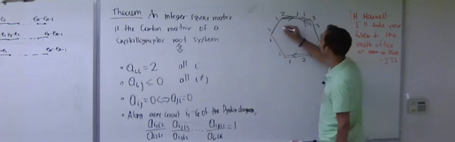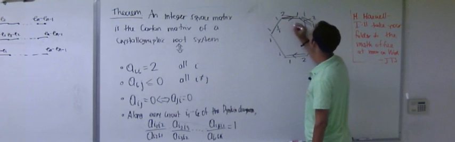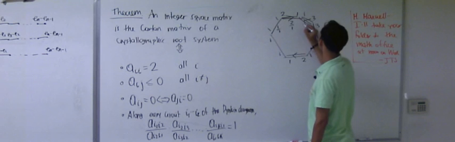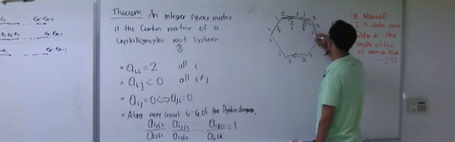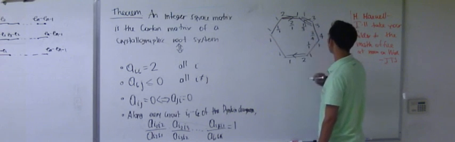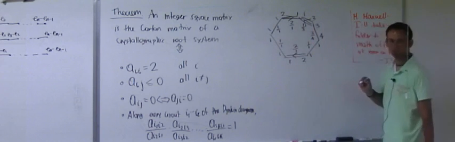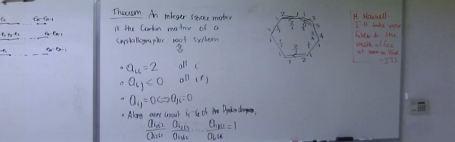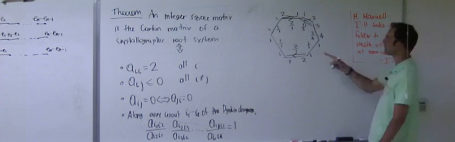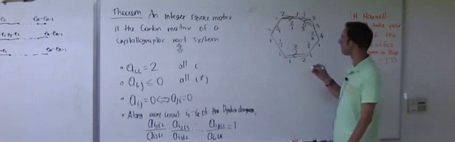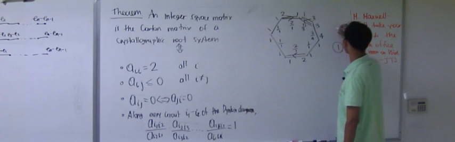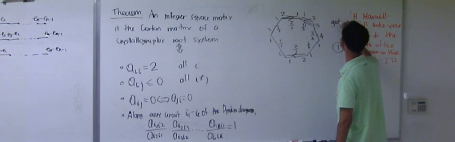So what do you do? 1 divided by 1 times 2 divided by 1 times 1 divided by 3 times 3 divided by 4 times 1 divided by 1 times 2 divided by 1 times 1 divided by 1. And beautiful, 1. You multiply these numbers, you get 1. So this is a good circuit.